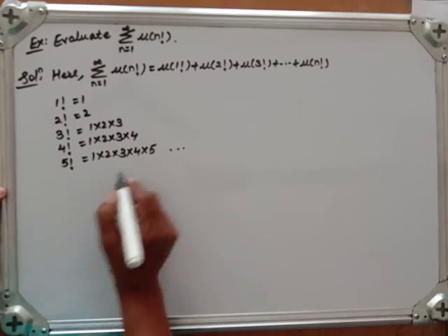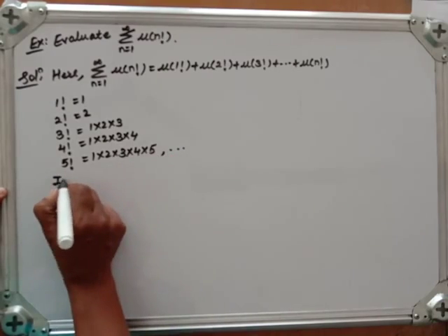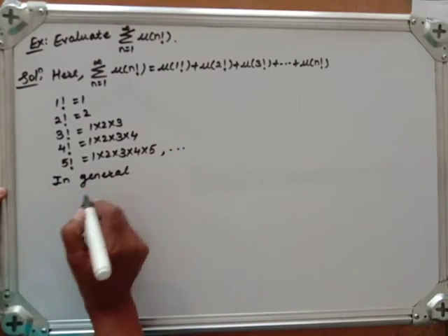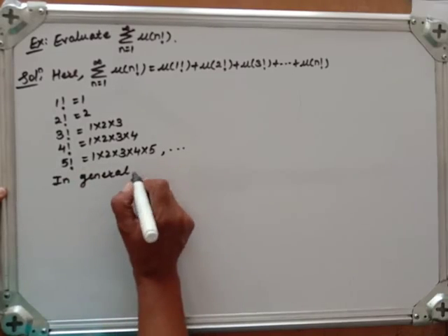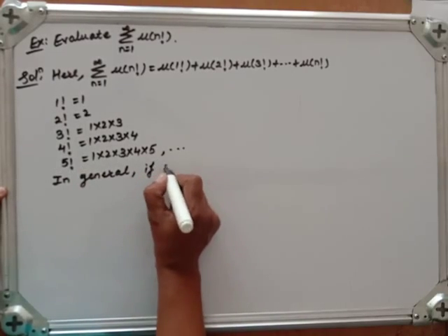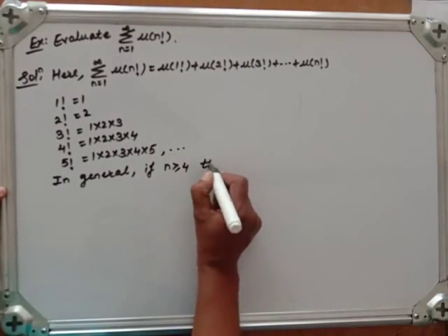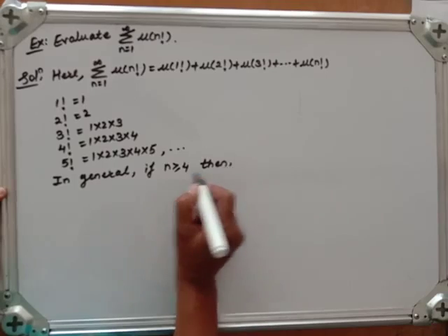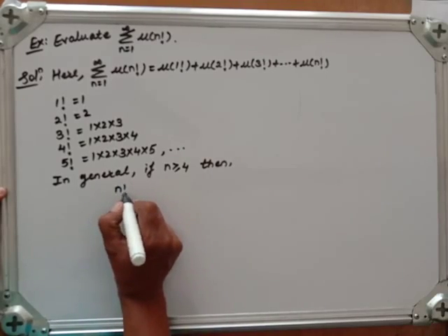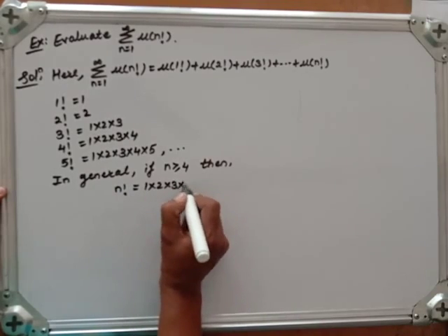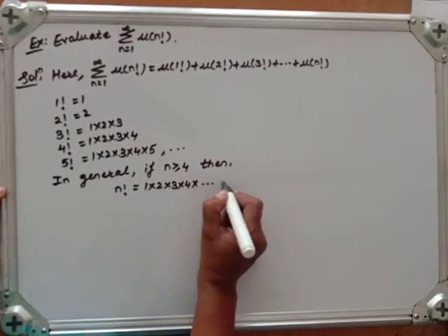In general, what you will observe here is, if n is greater than or equal to 4, then n factorial is equal to 1 into 2 into 3 into 4 and so on up to n.